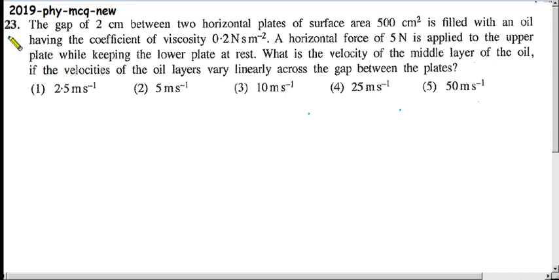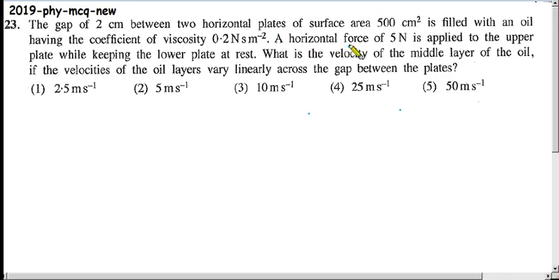Today I am going to discuss question number 23 of the 2019 Physics MCQ new syllabus paper. The gap of 2 cm between two horizontal plates of surface area 500 square centimeter is filled with an oil having the coefficient of viscosity 0.2 N s m^-2.